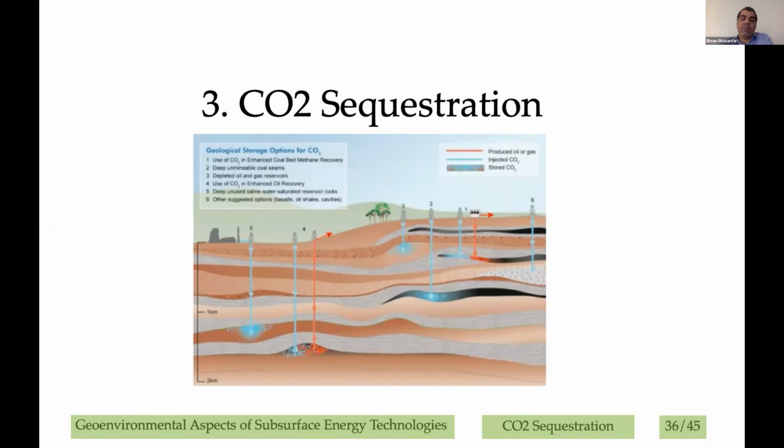So the CO2 is typically captured at stationary sources and transferred to the field and injected under supercritical condition into the ground. So there are different candidates in terms of reservoir, but usually saline reservoirs are one of the ones that are often used currently.